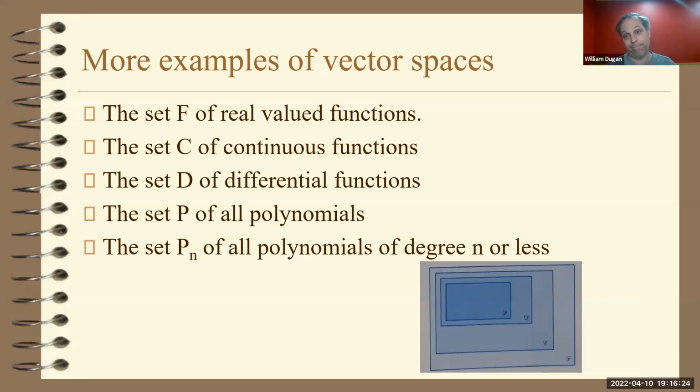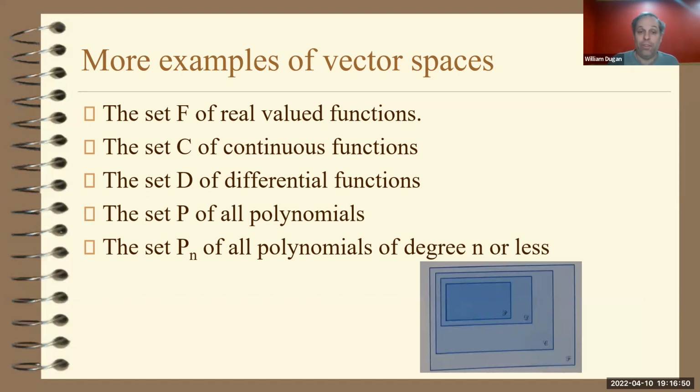That's Calc 1. If you take the set of all differentiable functions, it's a vector space because the sum of two differentiable functions is differentiable, and the constant multiple of a differentiable function is differentiable. That's Calc 1. So D, the set of all differentiable functions, is a subspace of C, the continuous functions, which is a subspace of F, the set of all functions.